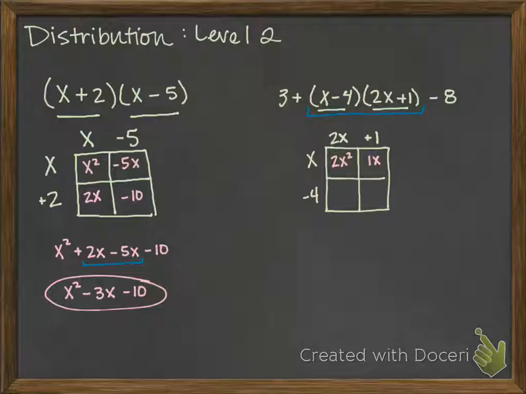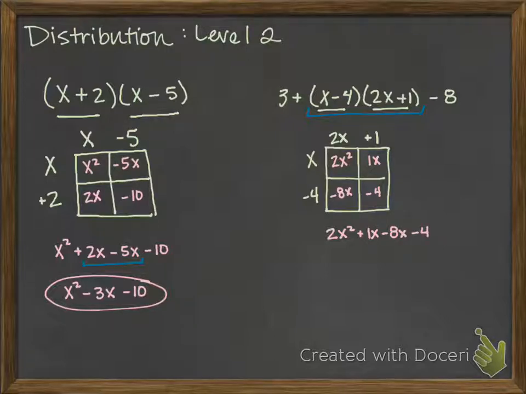We have negative 4 times 2x, which will give us negative 8x. And then finally, we have negative 4 times a positive 1, which will give us negative 4. So for the multiplication piece, we are left with 2x squared plus 1x minus 8x minus 4.